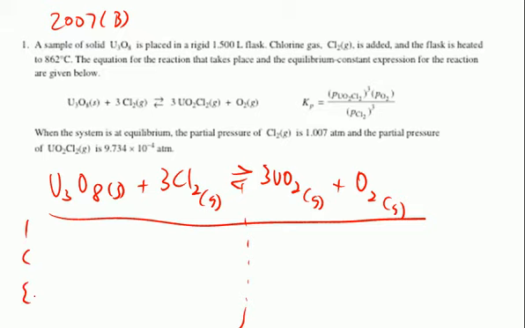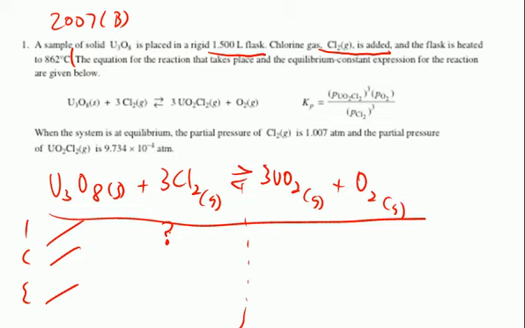A sample of U3O8 is placed in a rigid 1.5 liter flask. Chlorine gas is added, and the flask is heated to 862 degrees Celsius. First thing we want to recognize is that the solid doesn't count. It also says chlorine gas is added, but it does not tell us how much, so we have a question mark for chlorine gas.